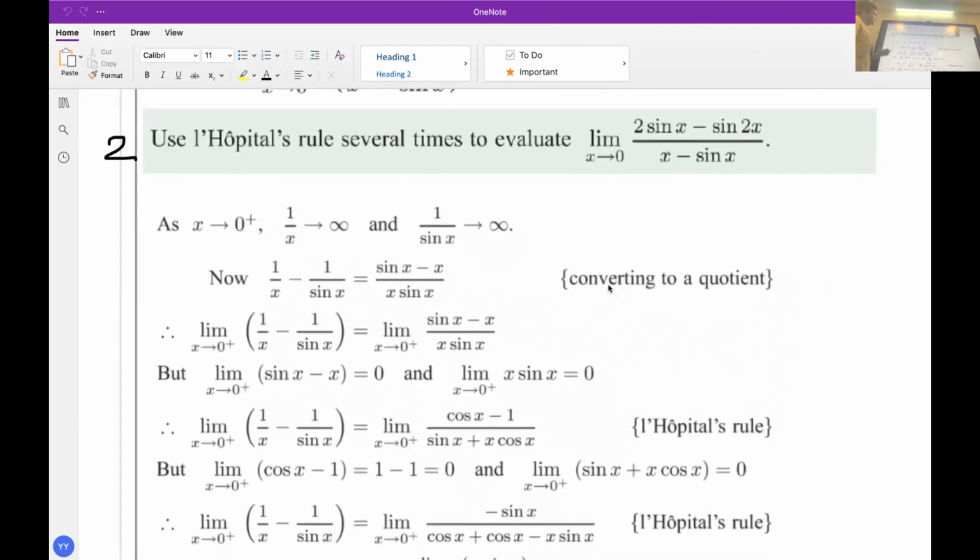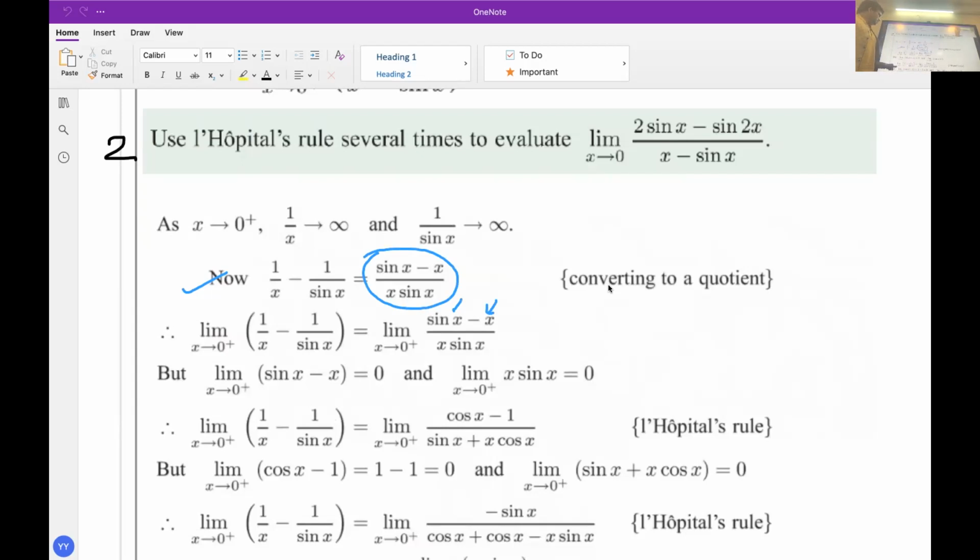If you look at the first step, when we're evaluating the limit using L'Hopital rule, firstly make sure you take the LCM, so sin x minus x upon x sin x. Then you plug x as 0 here, so sin 0 is 0, minus 0, upon 0. So it's 0 by 0 format.